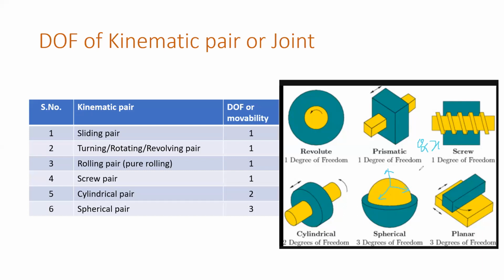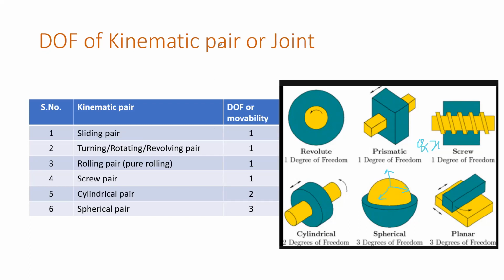If you have adjusted the mirror of your motorcycle or car, you can turn that mirror about any axis. That is the example of a spherical joint or spherical pair. And you have seen the degrees of freedom of each of these joints.